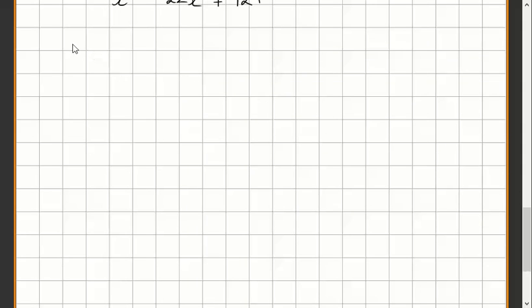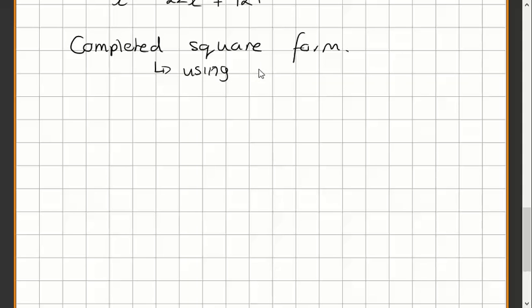Following on from that then, we are now moving on to our objective: completed square form. Basically, we are using perfect squares. So this is why it was important that we know what perfect squares are.